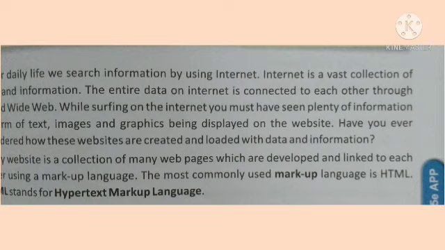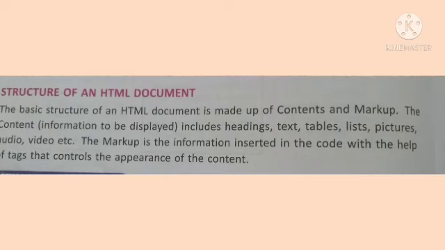Next we will study the structure of an HTML document. The basic structure of an HTML document is made up of contents and markup. The content is the information to be displayed, and includes headings, text, tables, lists, pictures, audio, video, etc. The markup is the information inserted in the code with the help of tags that controls the appearance of the content.